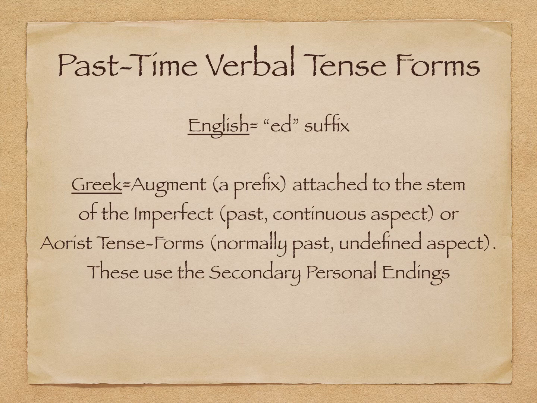Today, here, the imperfect. It is past time, but with a continuous aspect. That is, something was continuing on in the past. The aorist tense forms are normally past, though not always, and we'll think about that, but their main emphasis is an undefined aspect, simply reporting that something happened. And these use secondary personal endings that we'll look at in just a moment.